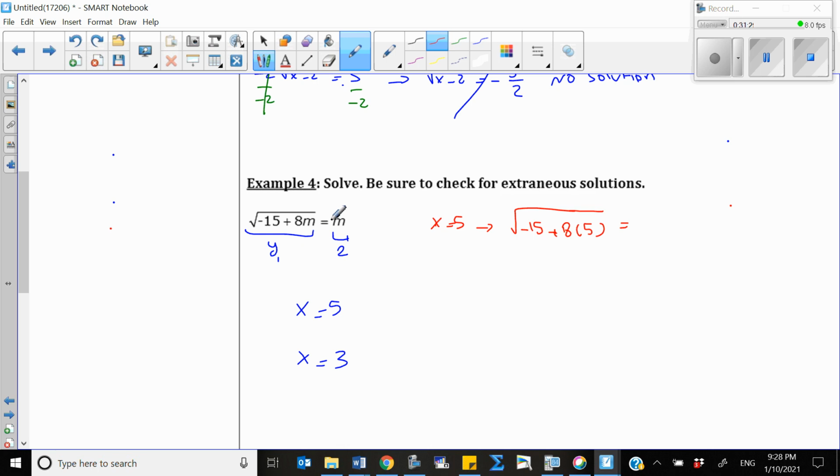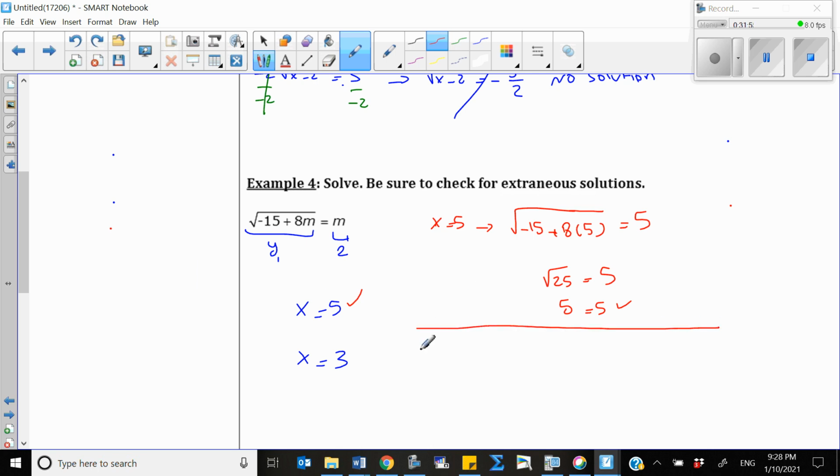It should be equal to m itself, which is 5 in this case. And 8 times 5 is 40, minus 15 will be 25. Should be equal to 5. Square root of 25 is 5, and it's equal to 5. So this one is okay.